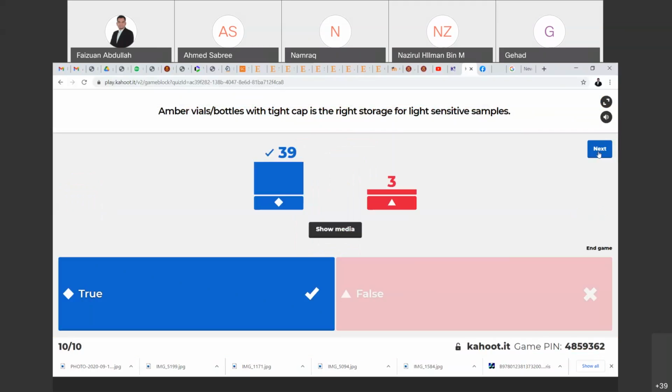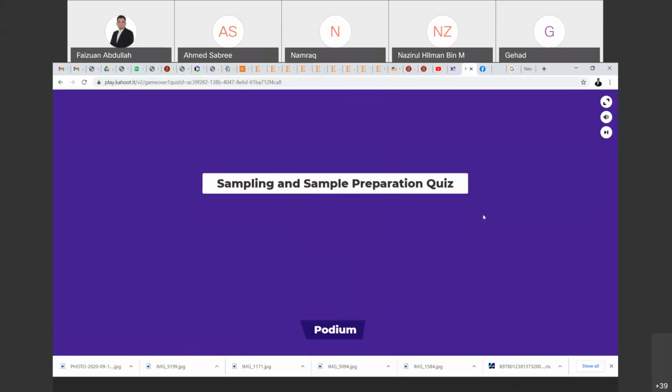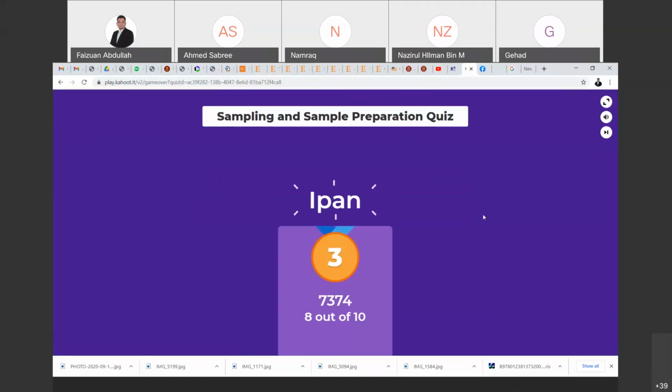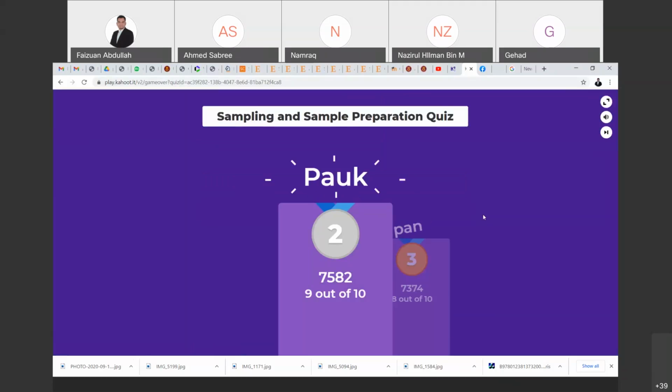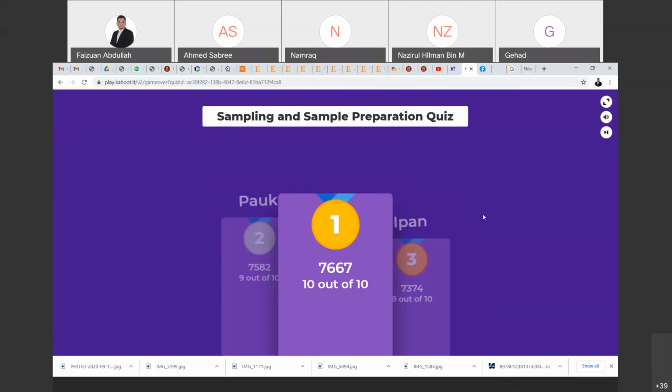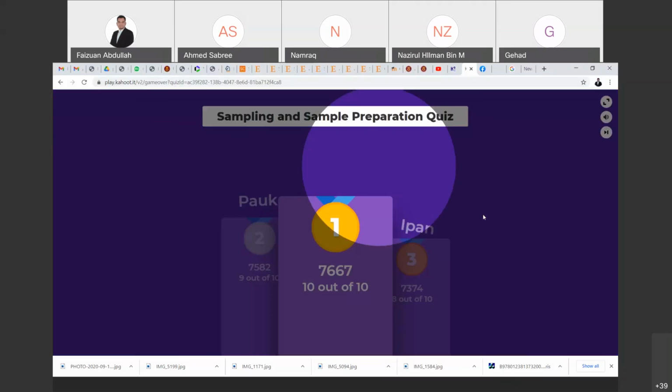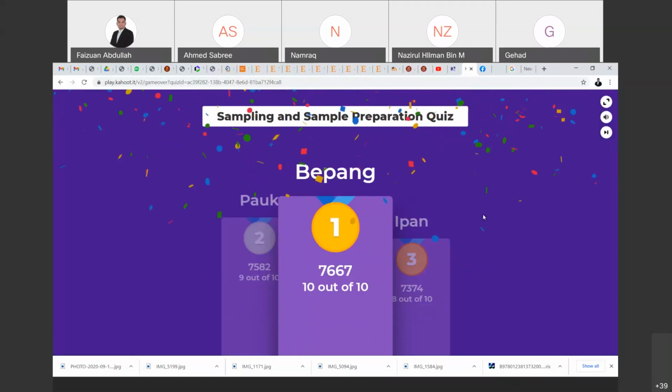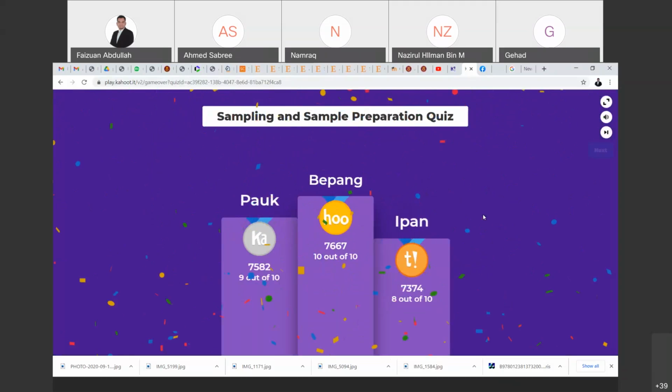Okay, now we have to see the scoreboard for the last. Who's leading? The podium: first place is Ipan, the second place is Pao, and number three goes to Bepang.